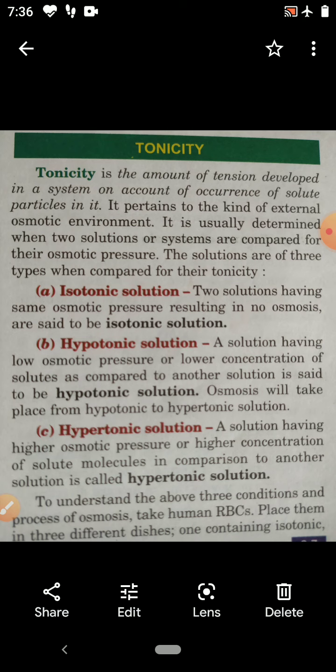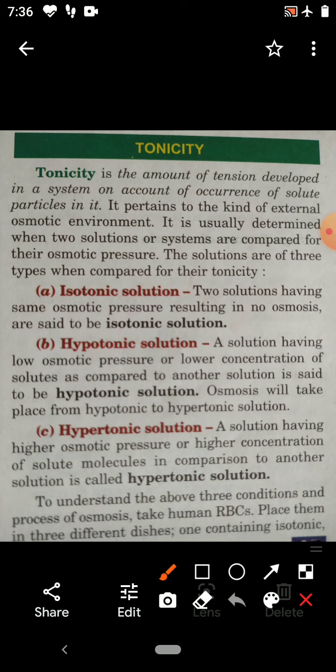It means two solutions are taken together and separated by a semi-permeable membrane. This is solution A, this is solution B, and this is the semi-permeable membrane.